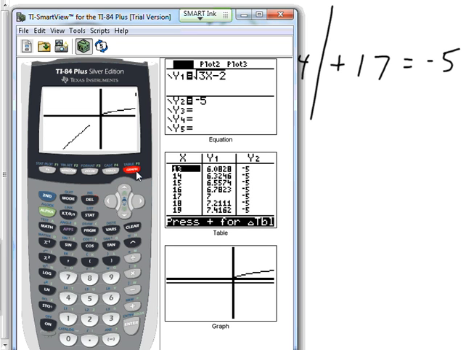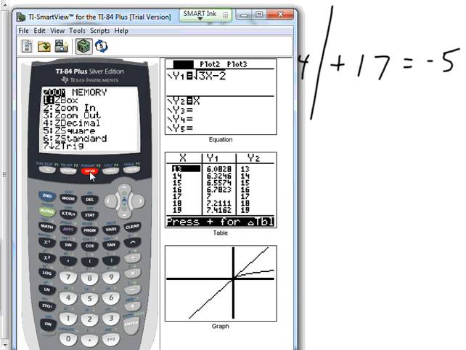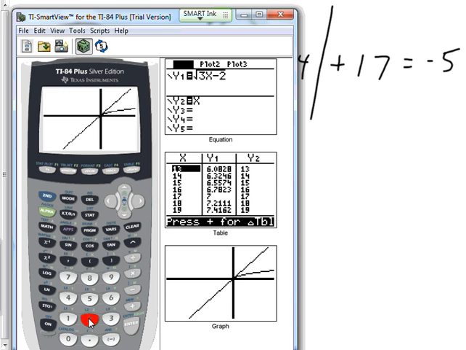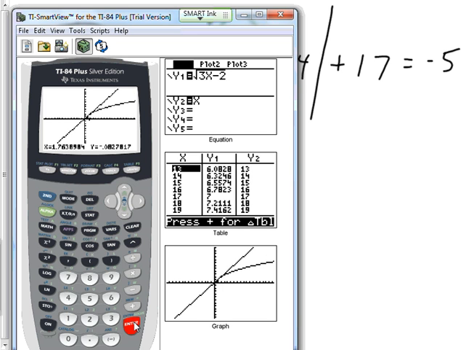And if I can't see it very well, in this case, I probably should zoom in. Zoom in, number 2. And then I'm going to move my little zoomy thing to where I want to zoom. Kind of want to zoom in that area. And now I've zoomed in, and I can see better where they touch. Second, calculate intersect. Let's see where they cross.